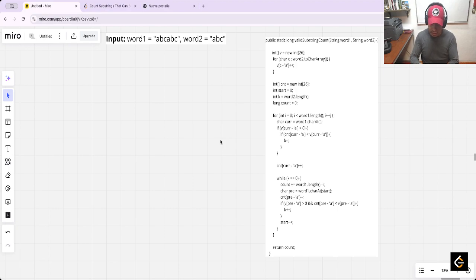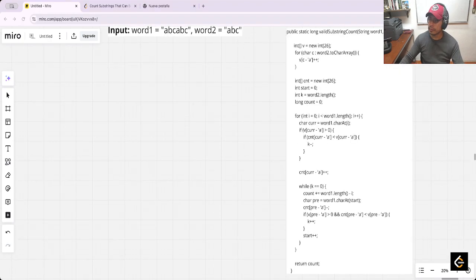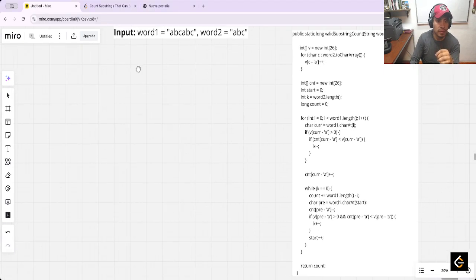Okay, now this is the answer. The first step is to create an array of 26 elements.